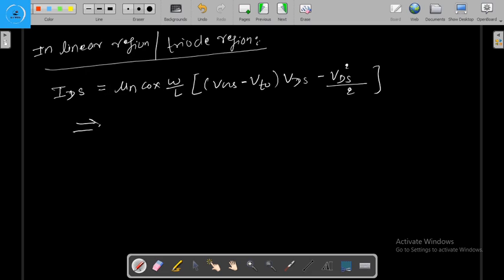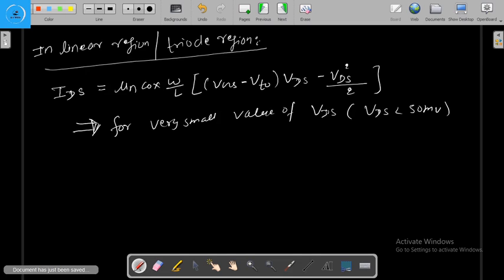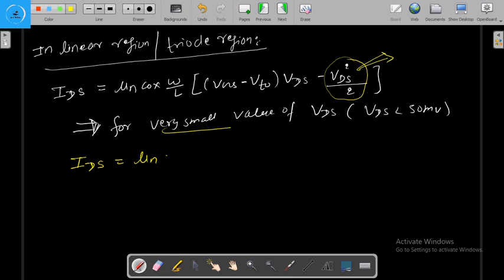So for a very small value of VDS, that is VDS less than 15 millivolt, as we have seen in the graph, we can neglect this VDS square term, because if VDS is small, then VDS square is also very small, and hence our new current equation will be IDS equals mu n COX W by L, times VGS minus VT naught, times VDS.